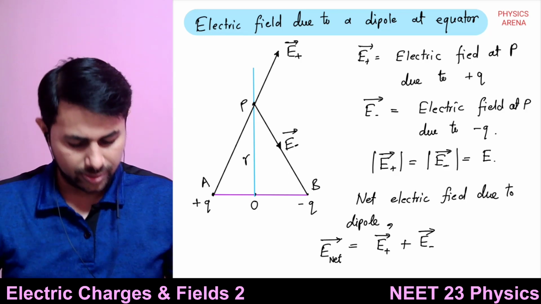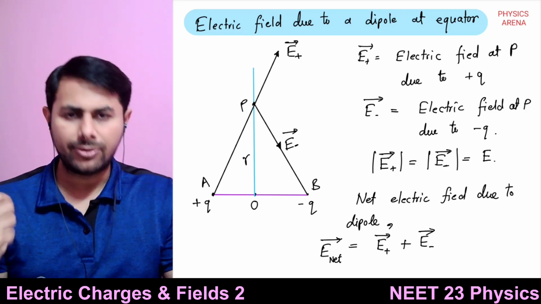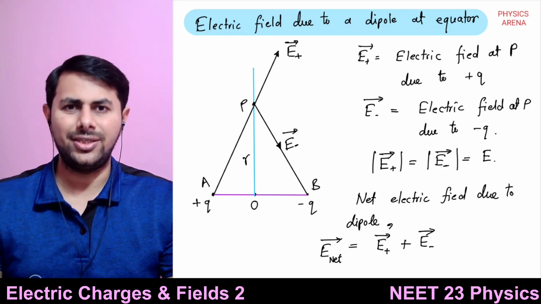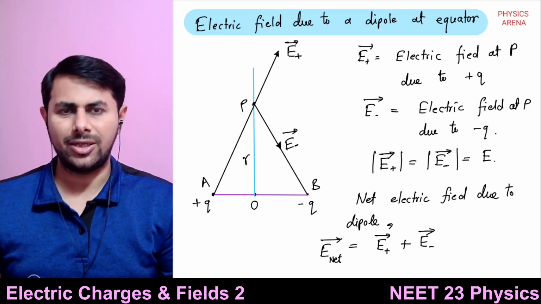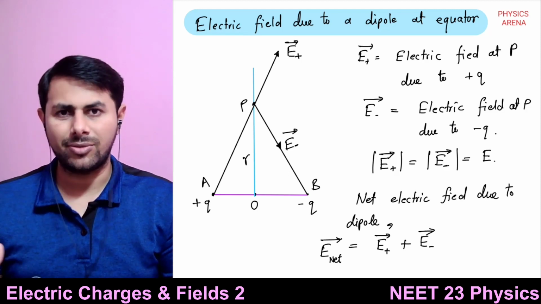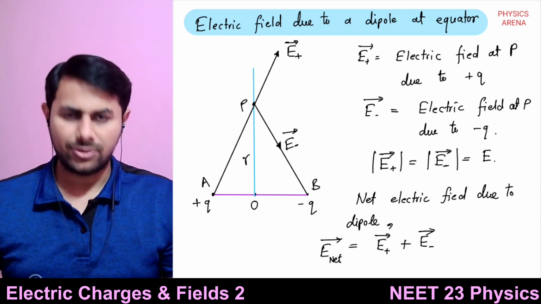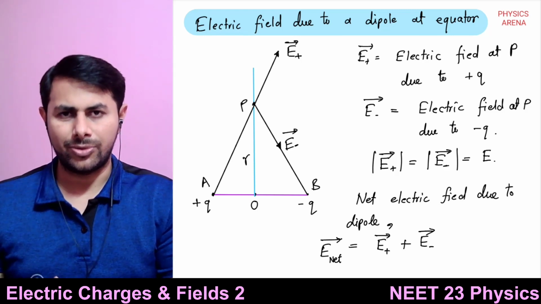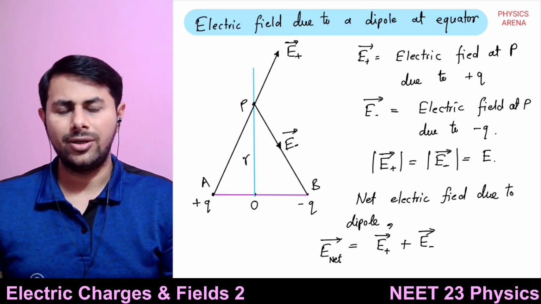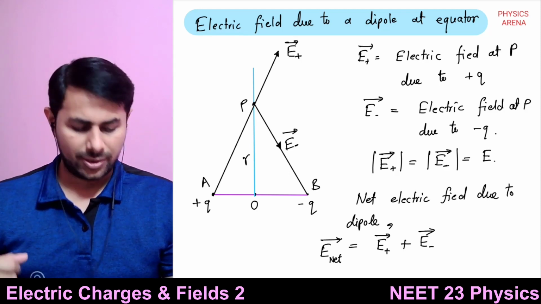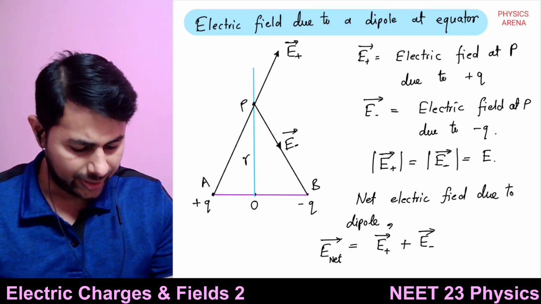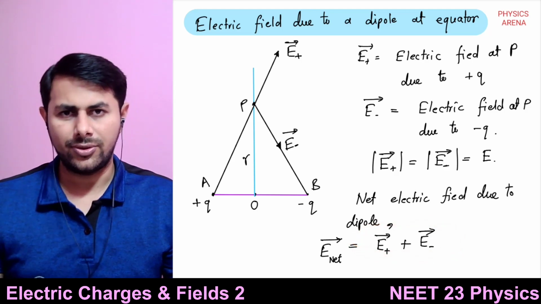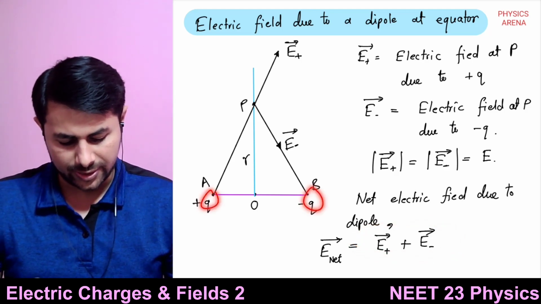The principle of superposition says the net force acting on any charge kept in space is equal to the vector sum of all individual forces. So the net force is the vector sum of forces due to all charges, and therefore the net electric field would be the vector sum of the electric field due to all charges. So here we have only two charges.